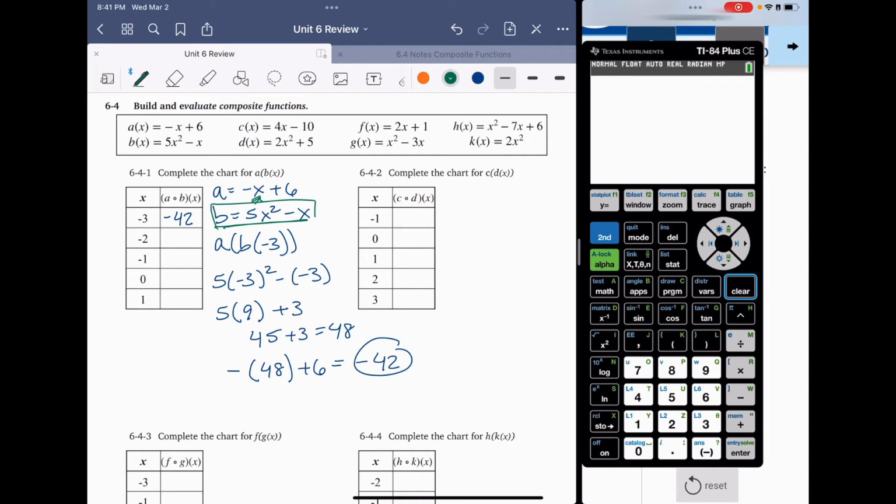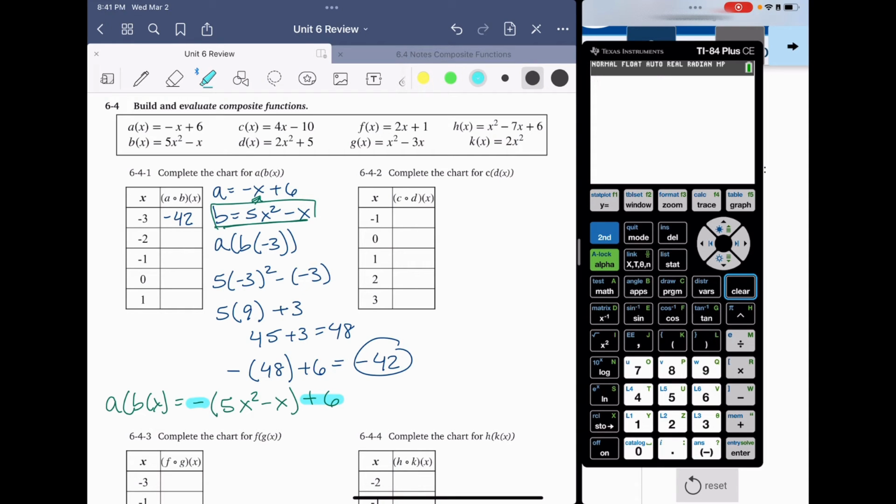So a of b of x is going to equal negative, and we write what a is. A is negative x plus 6, but instead of x, we write all of what b is, 5x squared minus x. And we finish out what a is. As you can see, this and this is part of a, and what we plugged in where the x was is what b was.